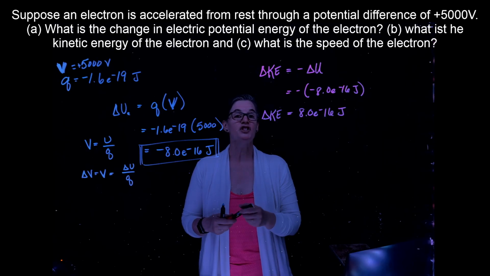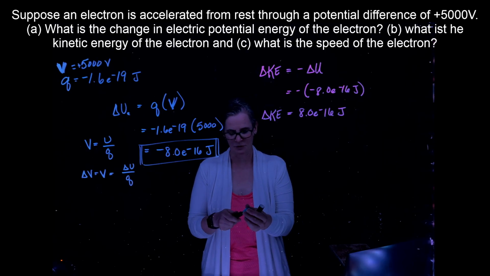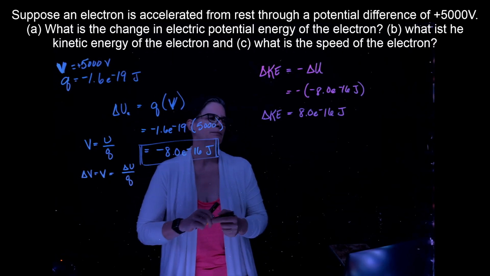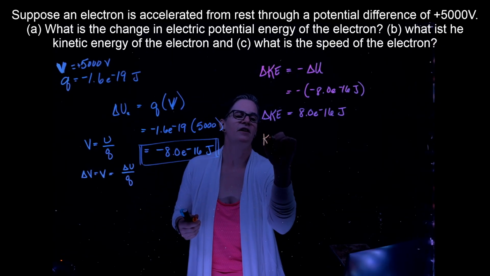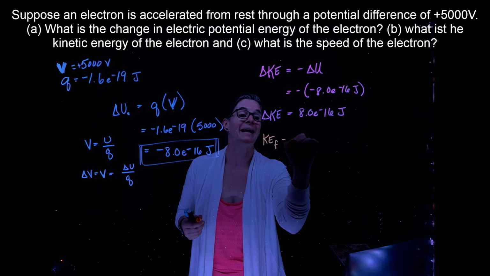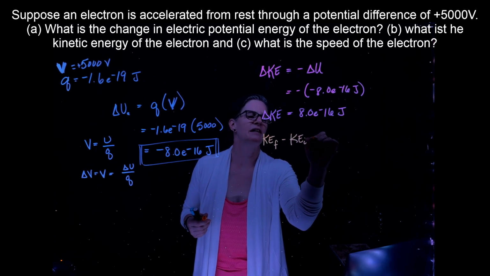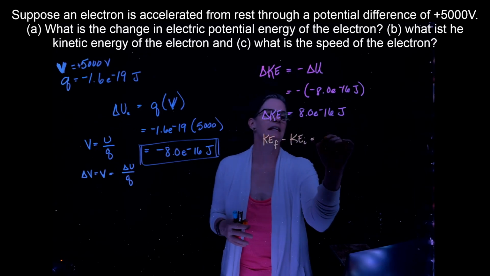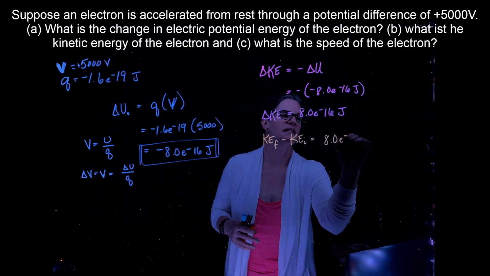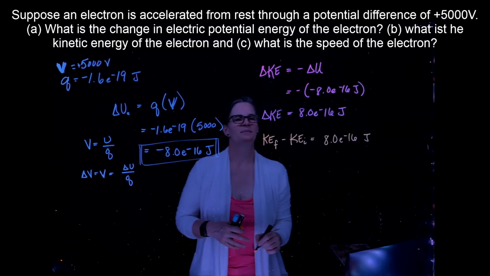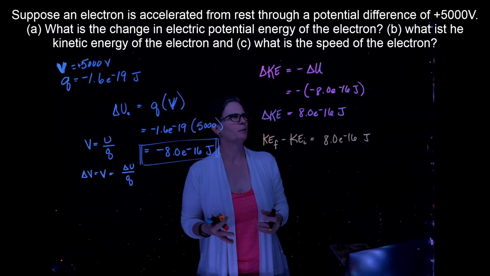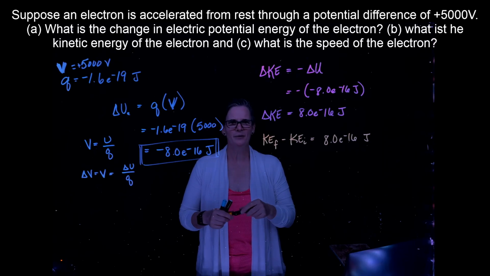Well, we know that the change in kinetic energy is equal to the final kinetic energy minus the initial kinetic energy. So it's that difference that equals 8.0 times 10 to the minus 16th joules. Now you probably very quickly said, wait a second, it started from rest.